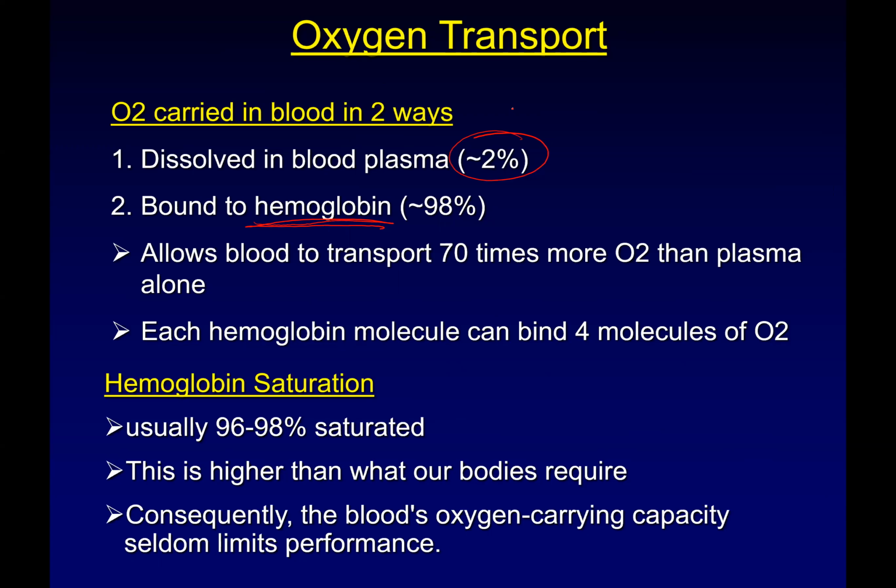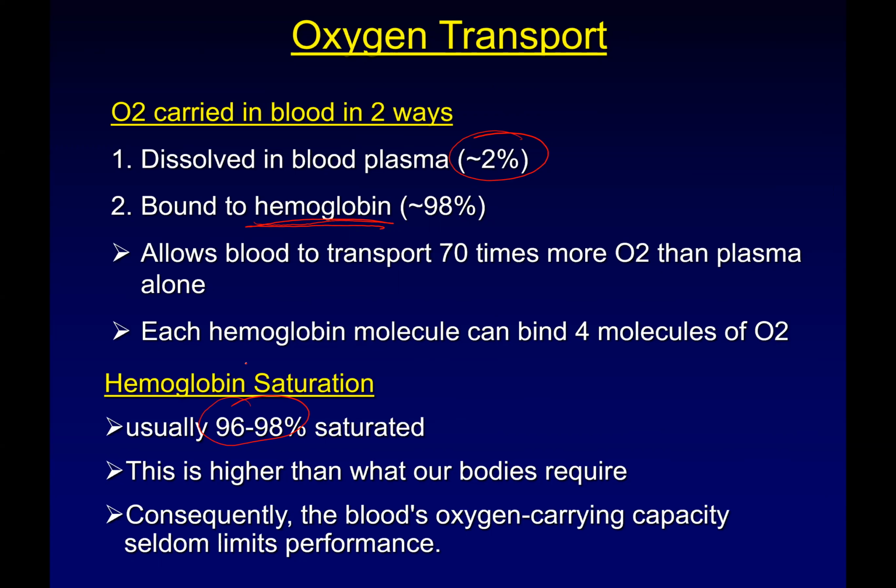Okay. Our hemoglobin saturation typically is going to be between 96 and 98%. So it's very, very highly saturated. It's rarely ever going to be 100%, but 96 to 98 is way, way more saturated than what our bodies are going to require.